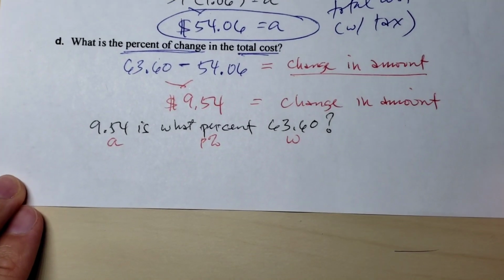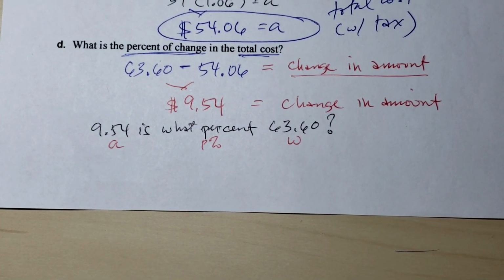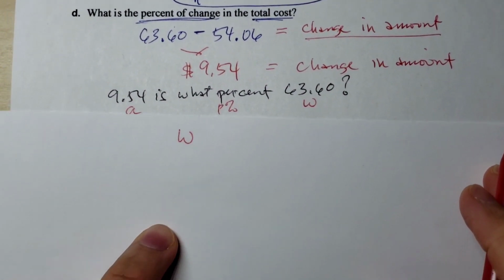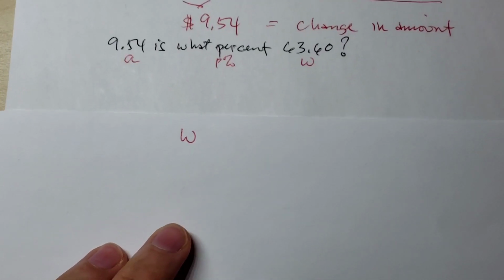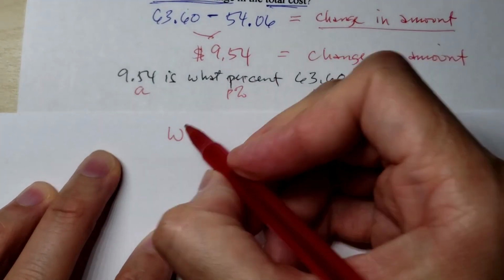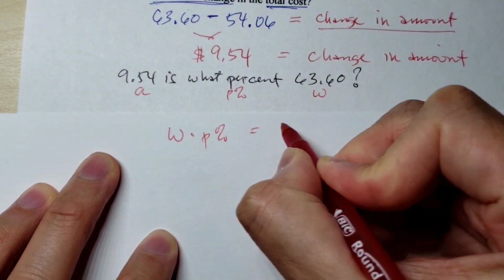So let's apply what we know. I think I don't have enough space, but let me get another piece of paper. Okay, now let's apply this. W times percent is equal to A.